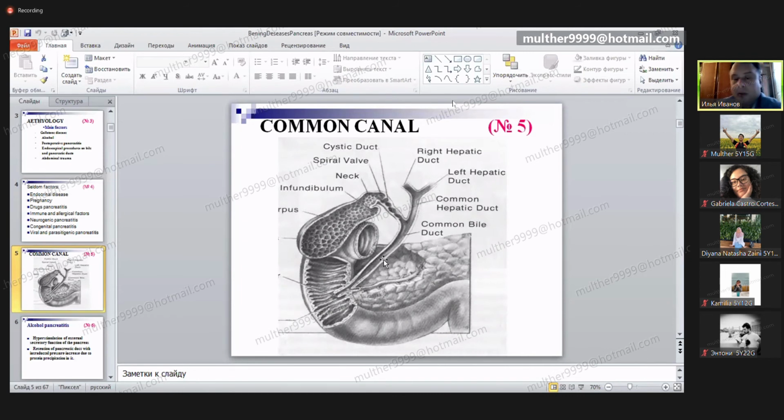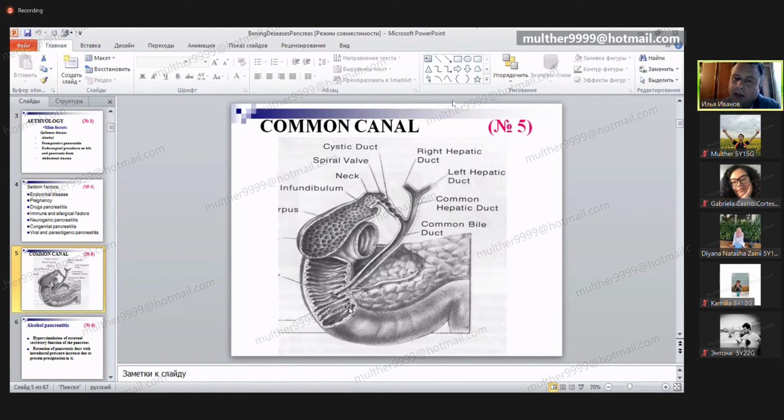This anatomical picture on your screens, it's the usual for the 75% of the population. You need to remember about the presence, for the 25% of the population, presence of the papilla minor.